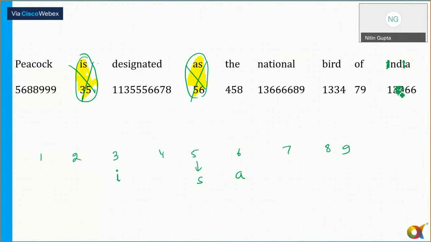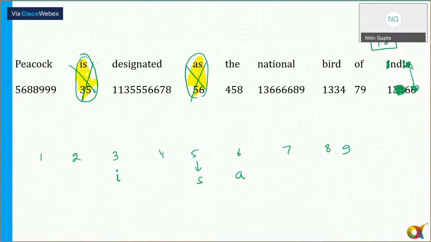I can remove the 3, and one of the A will be represented by 6. So N and D are left out, and 1 and 6 are left. So the code for N and D is either 1 or 6. Just keep that in mind.